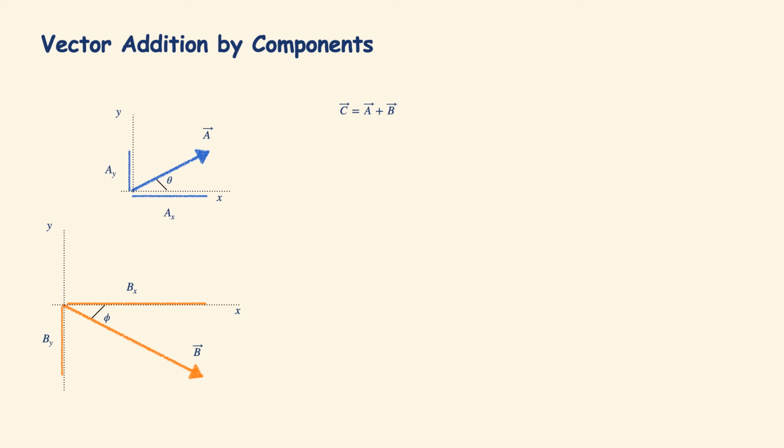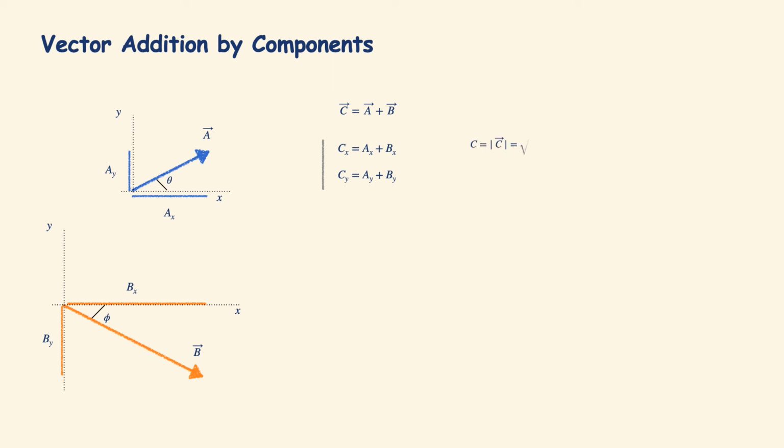Here the rules for adding vectors by components are very, very simple. The x component of C will be simply the sum of the x components of A and B, and the y component of C will be the sum of the y components of A and B. You have the x and the y components of the resultant vector.